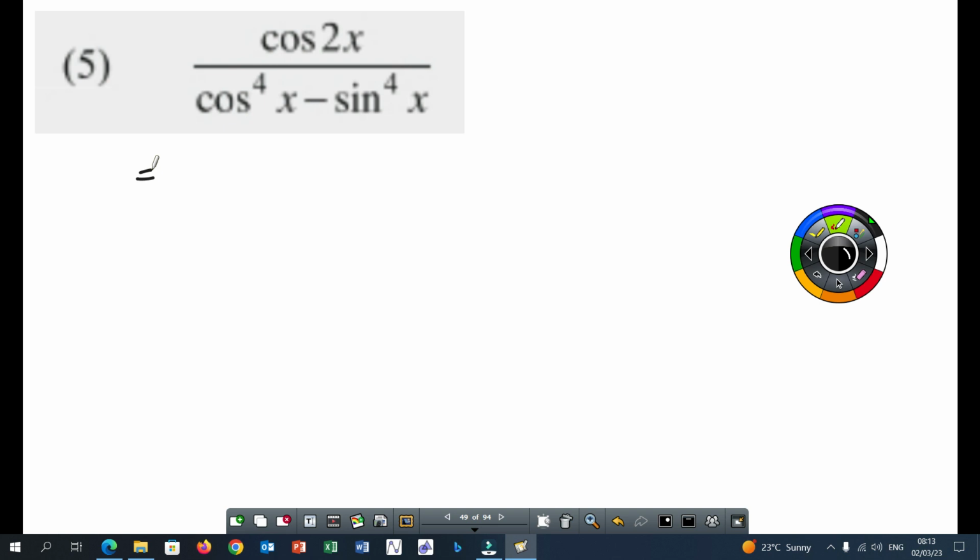So for this question, I'm going to use number 1. Please take note, pay attention carefully. This is very important. I'm going to use number 1 because I know that if I factorize the denominator, I'm going to create an expression like this. For this question, the double angle for cos, you can't use 2b, you can't use 2c.